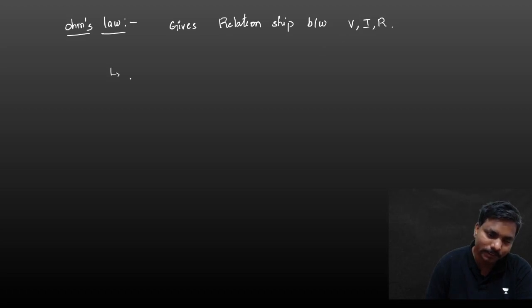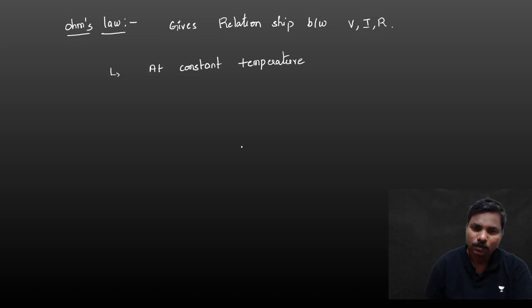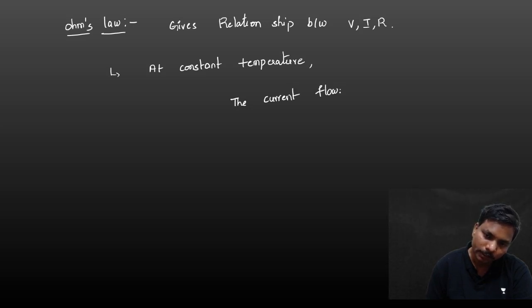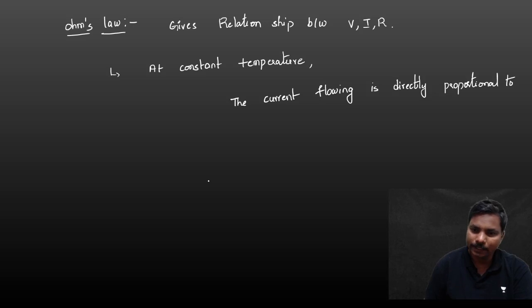Ohm's law has been stated like this: at a constant temperature, the current flowing is directly proportional to the potential difference.